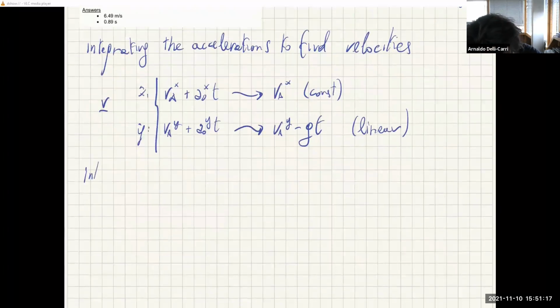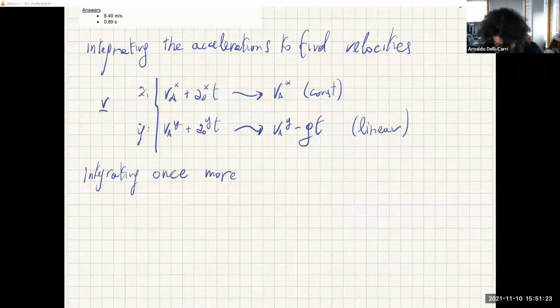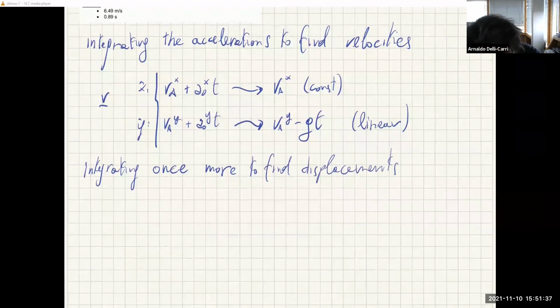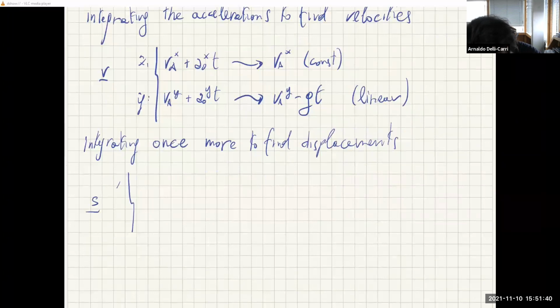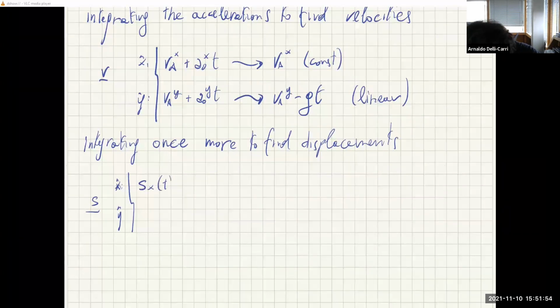And integrating one more time, once more, to find displacements, we get along x and along y. This one is vaxt plus, so let me do this, sx of t is vaxt plus s0x, which is linear.